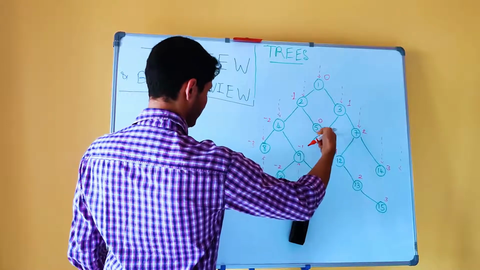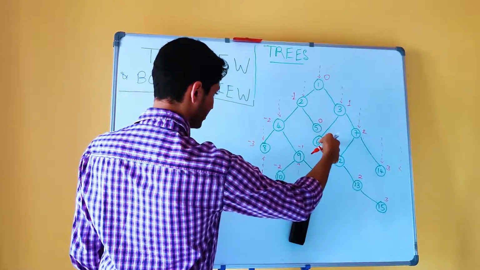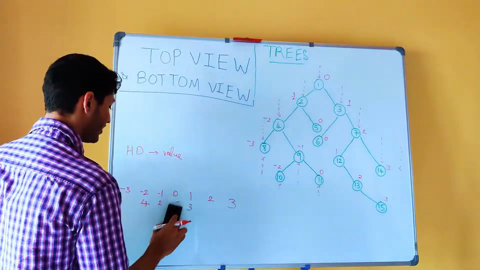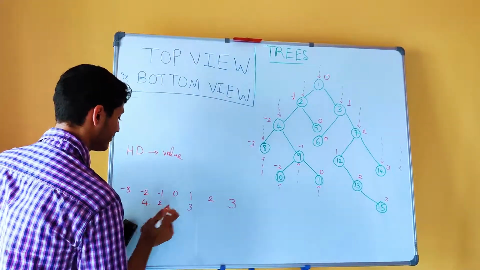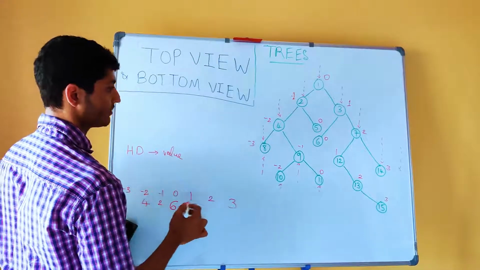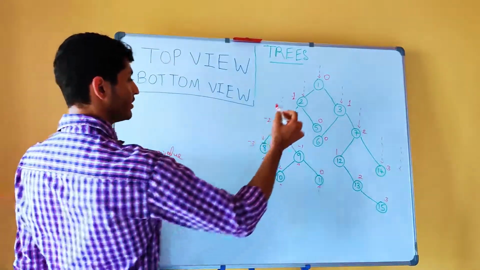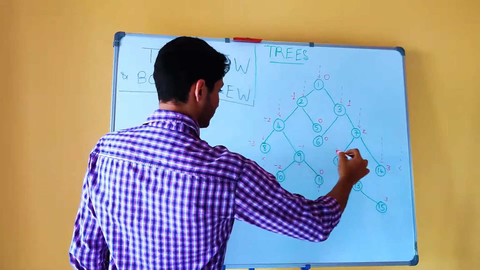Okay, and then the next node is 6. It has a corresponding horizontal distance of 0, which is not empty. Mapping is not empty, but we still anyway update the map. So it is 6. For 2, map was empty. We'll fill it.